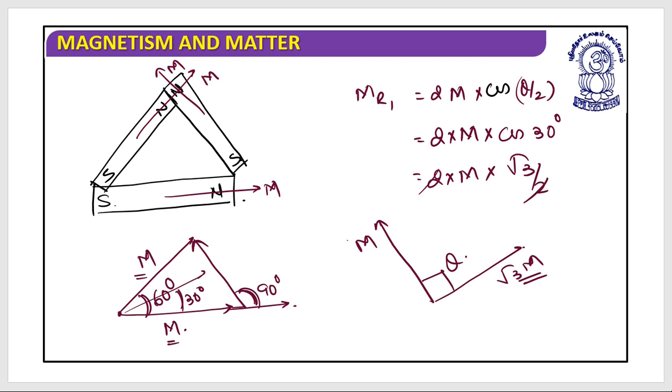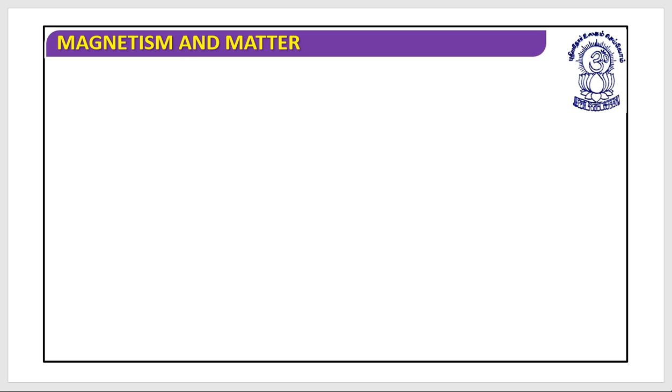Okay, the next situation is when we have been asked to find out the magnetic moment in a certain situation, something like this. This is one of the magnets, where this is the south pole, this is the north pole, and the length is given as 2L.